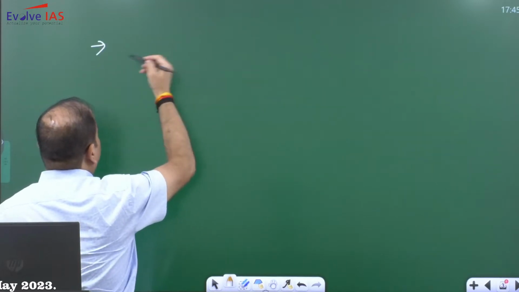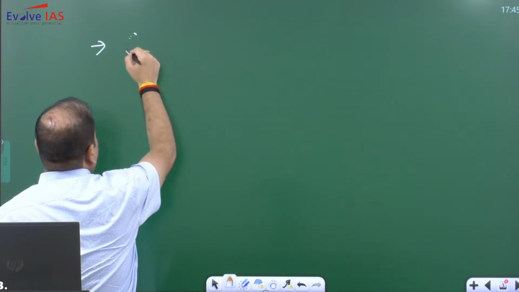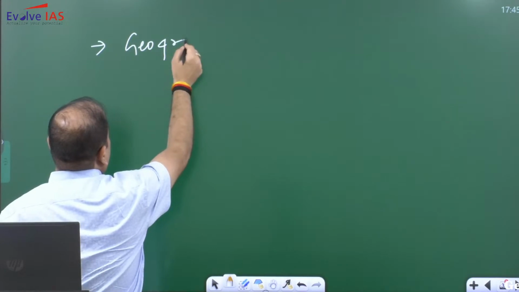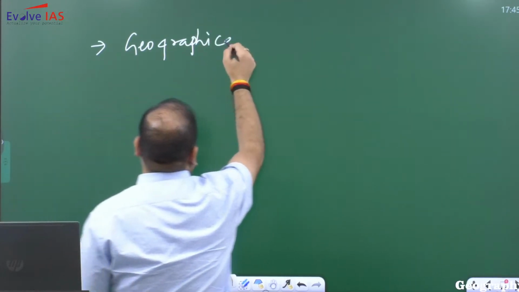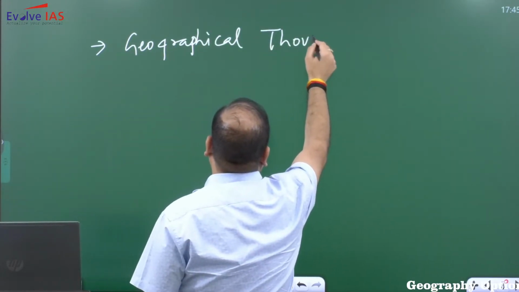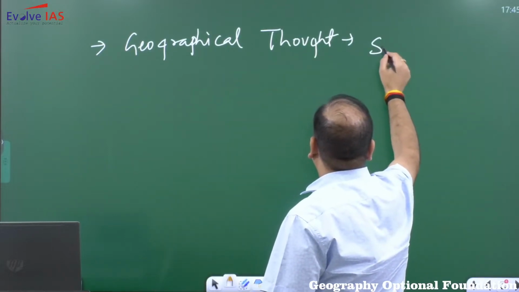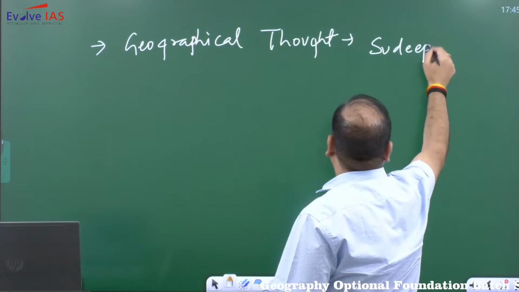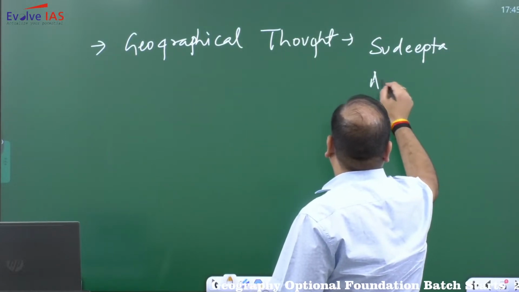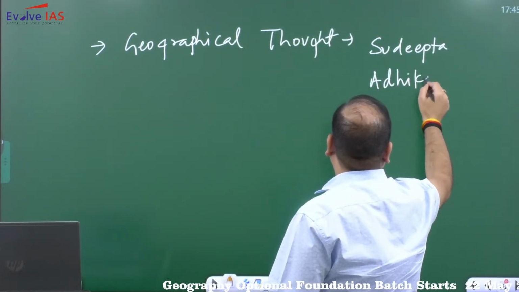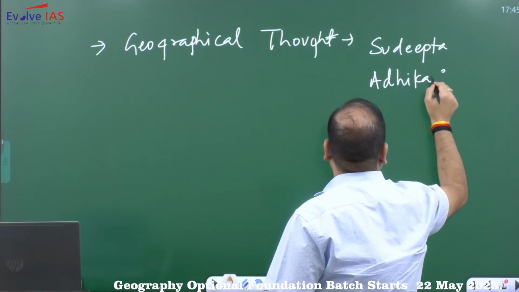Models and Geographical Thought. So perspective in human geography. For geographical thought, you will have a very good book by Sudipta Adhikari. The book is very good.